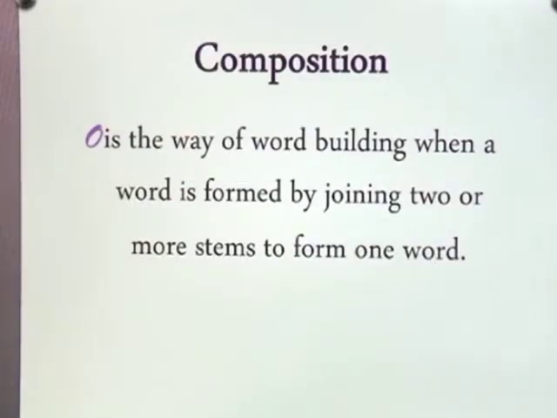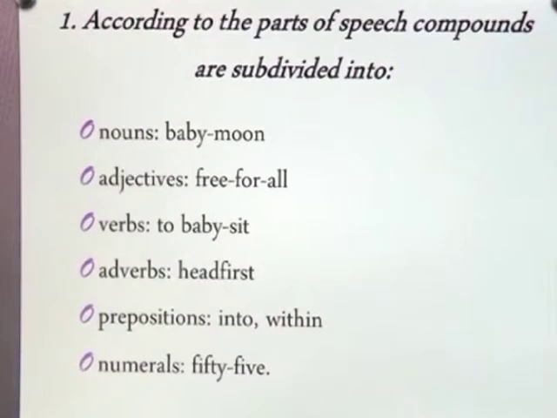This is one more way of word building, composition. Composition is a way of word building when a word is formed by joining two or more stems to form one word. And also we can see here the classification of compound words.